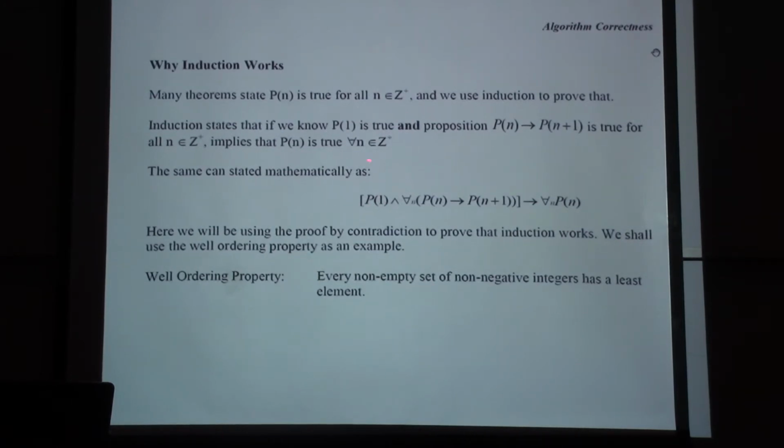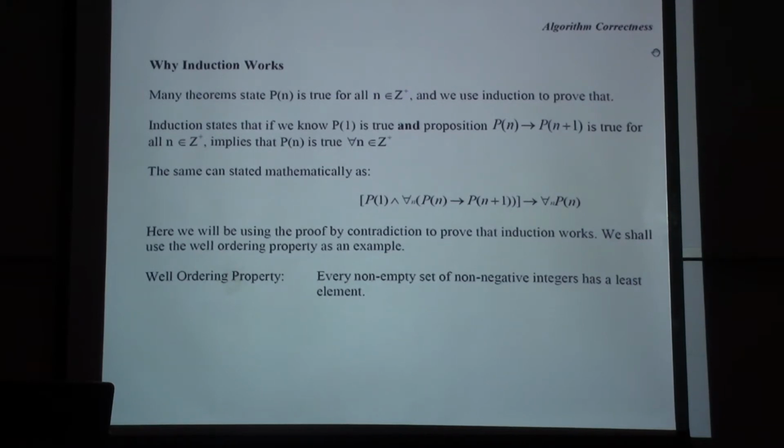So we're saying that P of 1 is true, and for all n values that we're interested in, P of n implies P of n plus 1. So we're saying if this is true and the implication is true, that implies that P of n is true for all n values. Any and all n values.